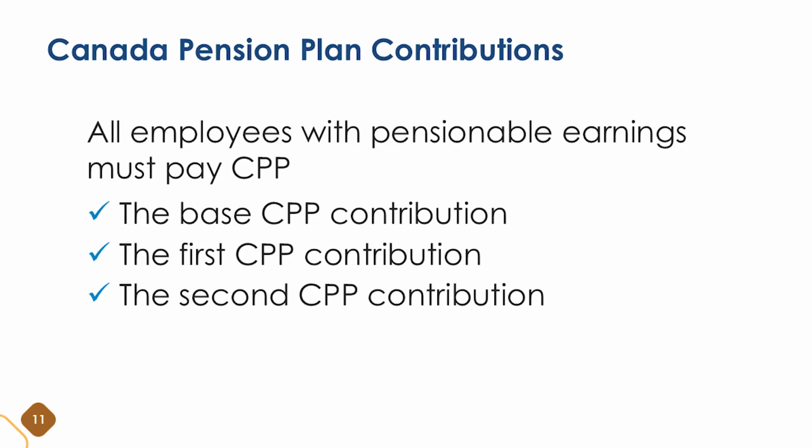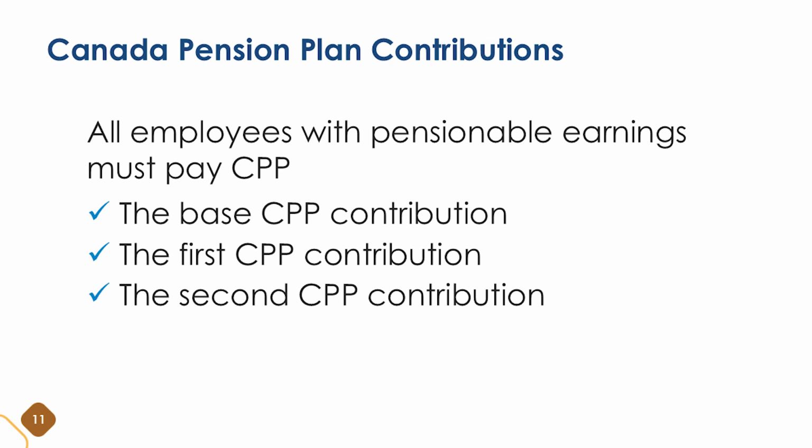All employees aged 18 to 69 years who receive pensionable earnings must contribute to the CPP withholdings on the salary and wages. Pensionable earnings include a person's income from pensionable employment, employment for which a pension plan or fund has been set up. The CPP is a mandatory plan.